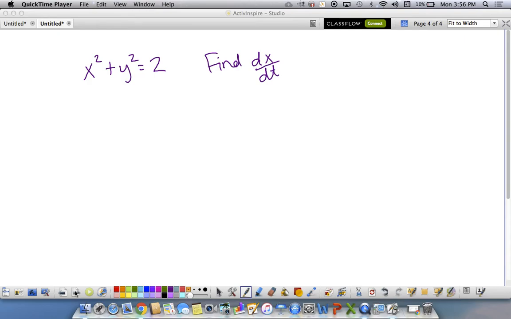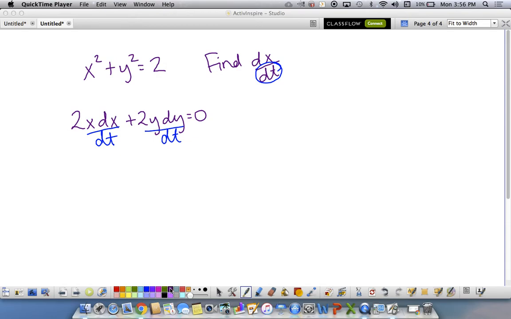Well, we've already found the differential of everything, so it's probably already on your paper. So I'm just going to write it: 2x dx plus 2y dy equals 0. So if I'm solving for dx/dt, I'm dividing everything by dt. Okay? Does anything simplify and cancel out?